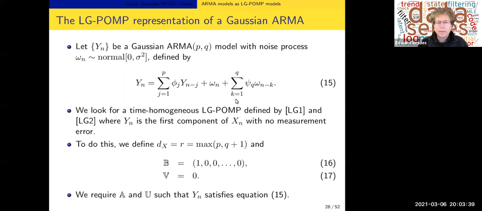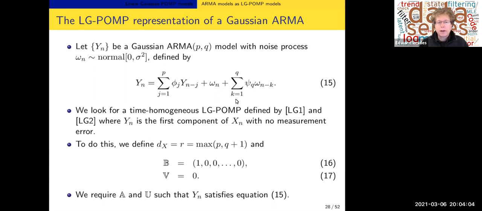Yn has autoregressive components phi j and moving average components psi q. We're going to show that this can be represented as an LG-POMP by essentially writing out the LG-POMP and then checking that it does what it should do.